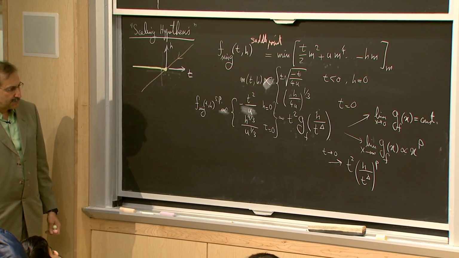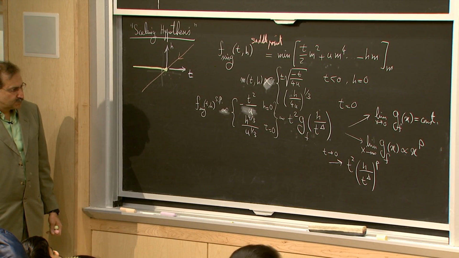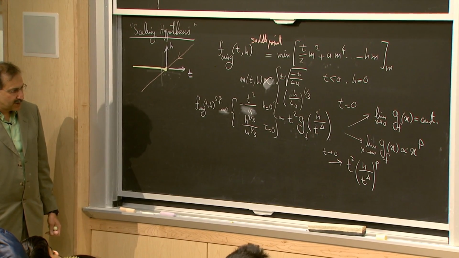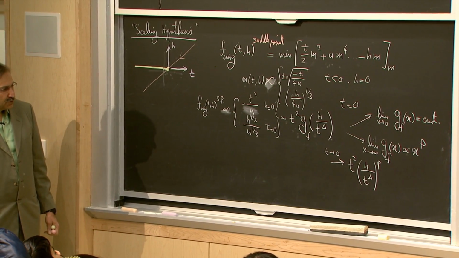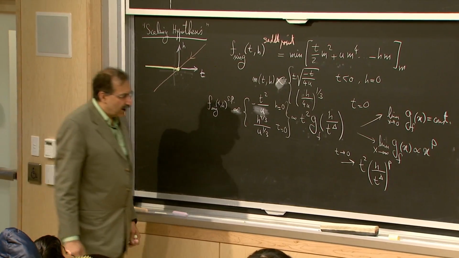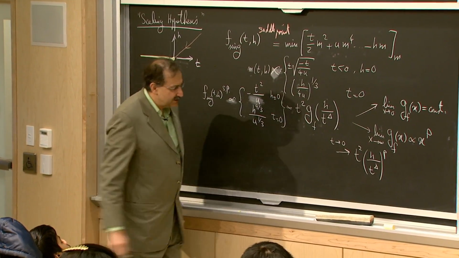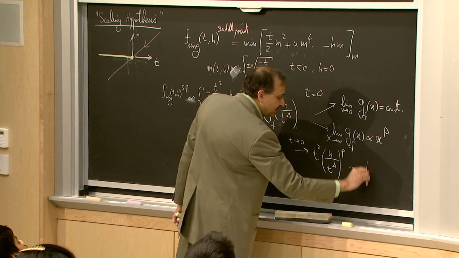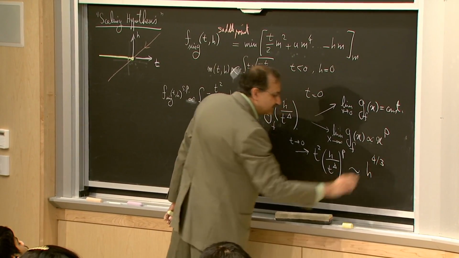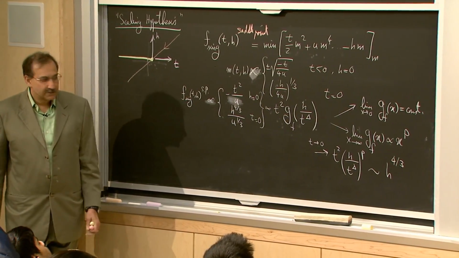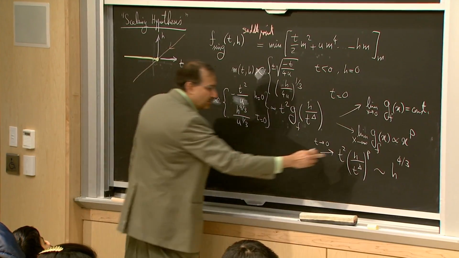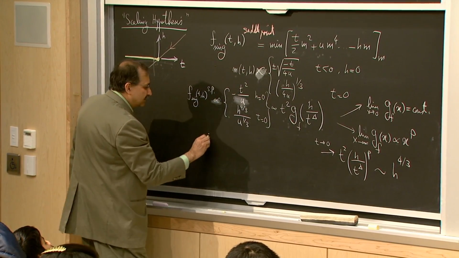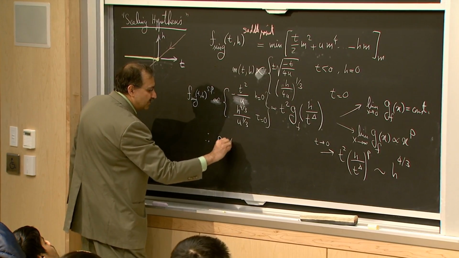What do I know? I know that the answer should really be proportional to h to the 4/3, so I immediately know that my p should be 4/3.